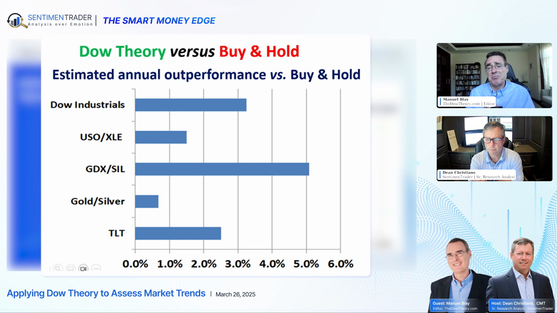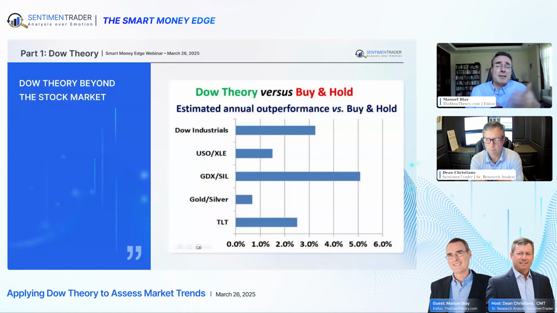For gold and silver, there is an outperformance of around 0.6%. As you can see, there are differences for the precious metal miners, with an outperformance of 5%. For the metals themselves, much more muted, but okay. And for TLT, the US Treasury bond ETF, we get more or less 2.5%. So the takeaway is clear: there is a huge drawdown reduction and there is outperformance.